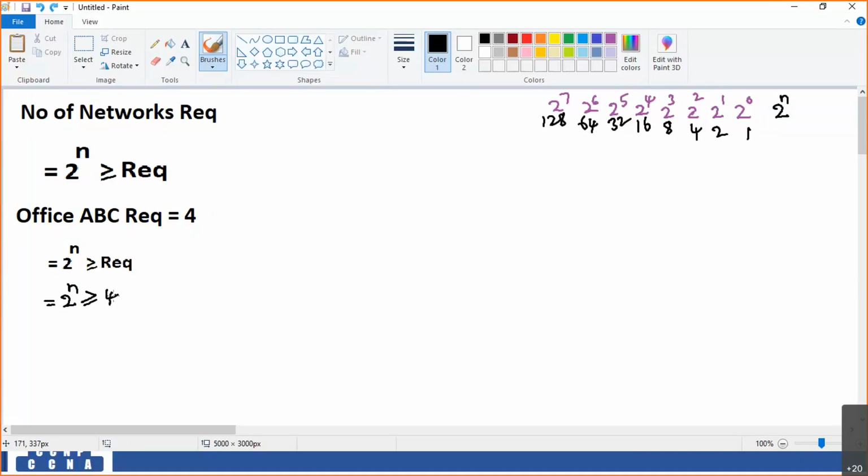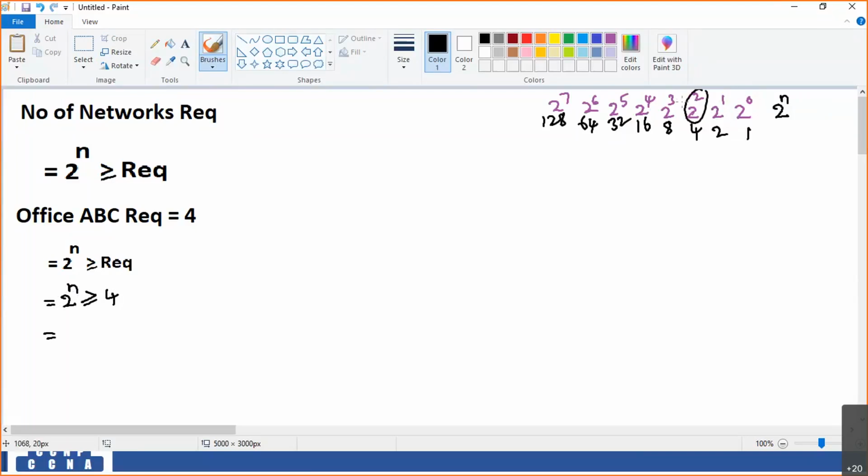So based upon my requirement 4, what n value will be satisfied? Your 2 power n should be greater than or equal to the requirement. Can 2 power 0 be satisfied? No. Can 2 power 1 satisfy? No. It should be greater than or equal to.